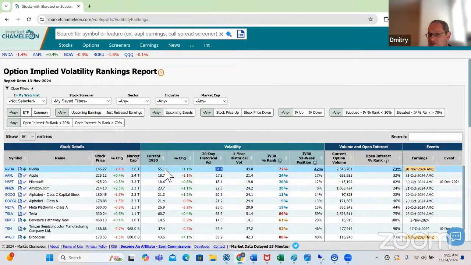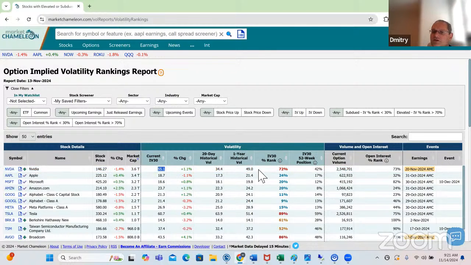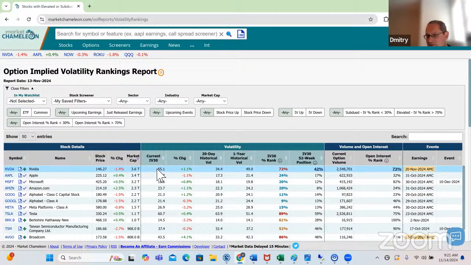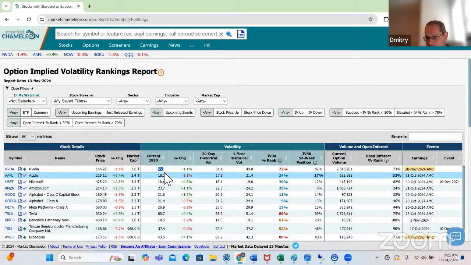The implied volatility is coming from the options. So we're comparing options implied volatility and the realized volatility of the stock in these examples. So this IV 30, this one here, is looking at the current option prices.